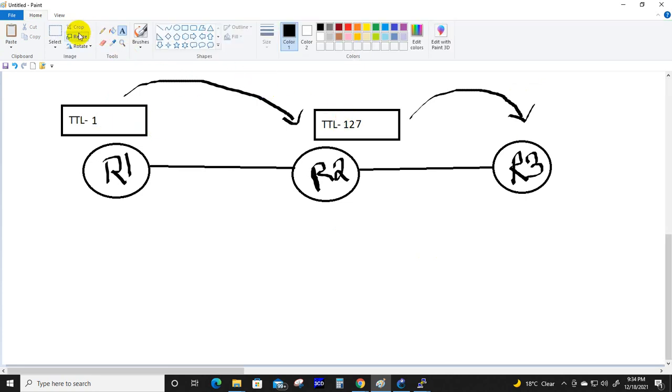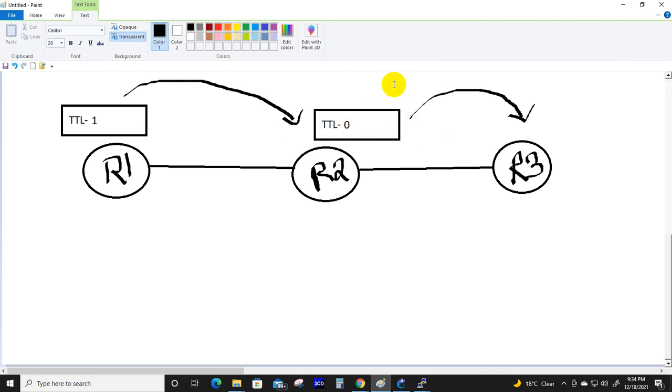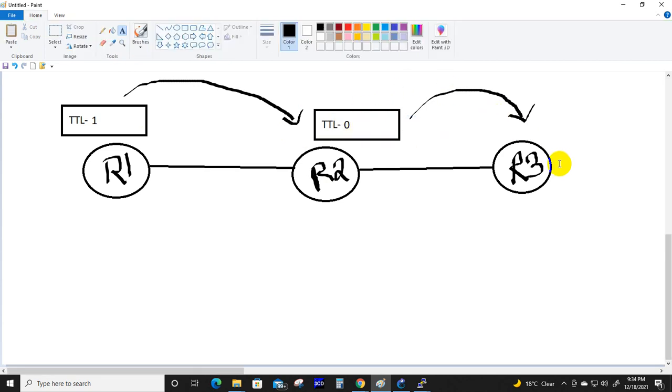When R2 is ready to forward that packet to R3, it will decrement that value by 1 and it becomes 0. R2 will not forward that packet to R3 because TTL value 0 means this packet is no longer eligible to exist in a layer 3 network. Basically, it is used to prevent layer 3 loops. R2 will drop that packet. The packet will be discarded.